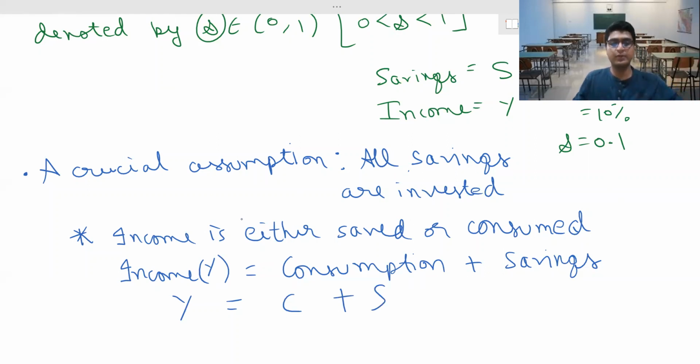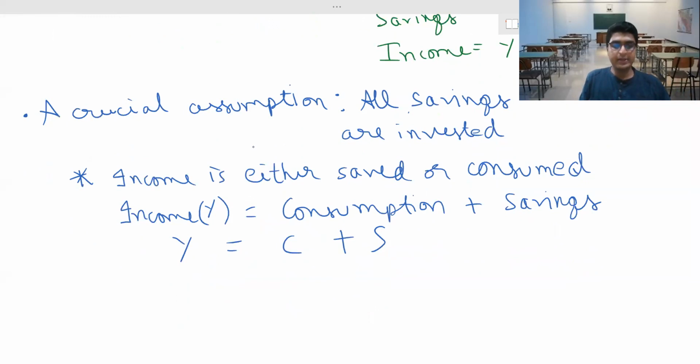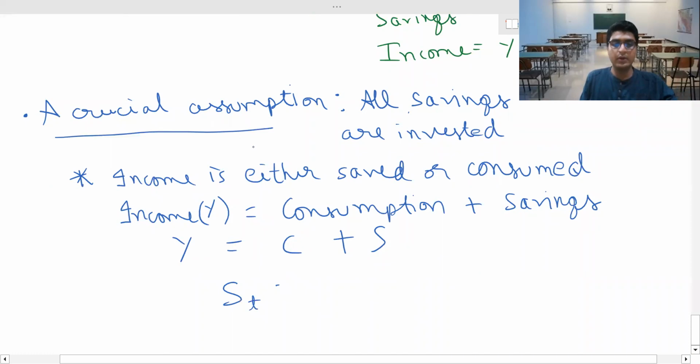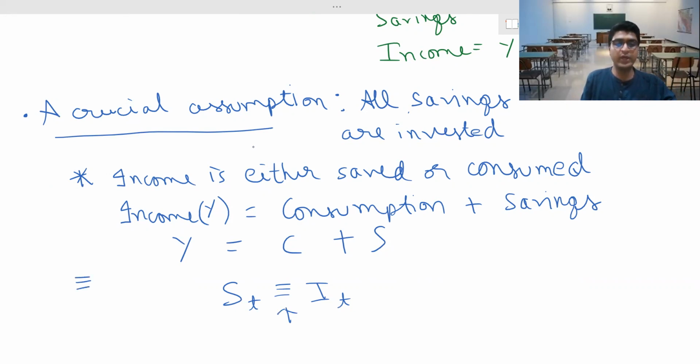And using this assumption, saving at any particular period of time will be equal to the investment at that particular period of time. Okay, so this is not an equal sign, this is actually an identity. Here I have used 3 lines, not 2. Okay, this is an identity.